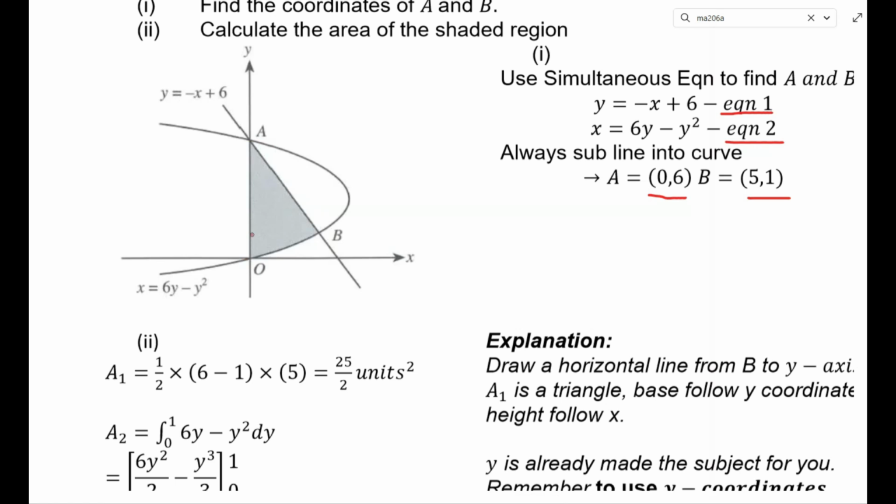We'll split it here, whereby the area on top, we'll label as A1. You can see that it's once again the area of a triangle. And for A2, we'll then use integration to find A2. To make our lives easier, let's label our coordinates first. So A is (0, 6) and B is (5, 1).